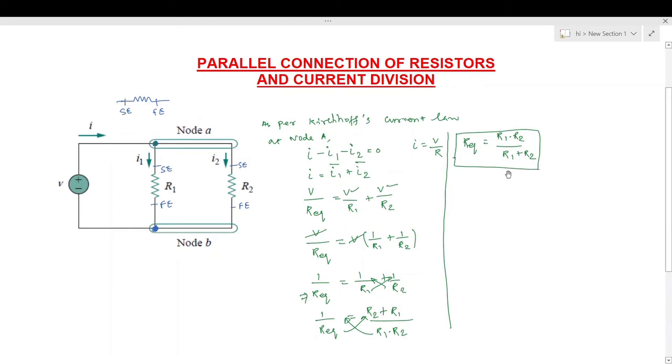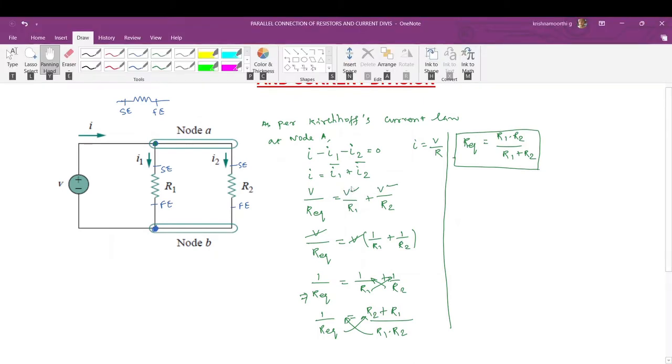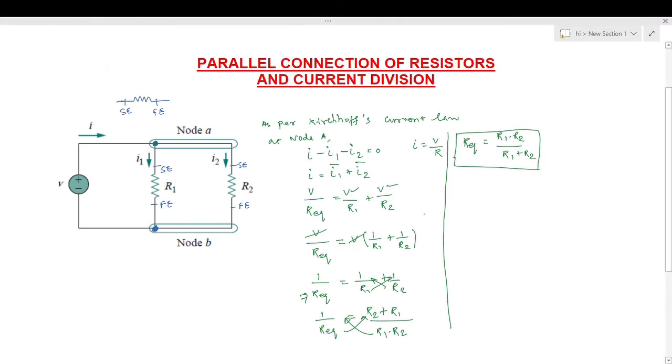Now we need to find out the value of I1 and I2 in terms of supply current and the resistances. For that we will take first I1. I1 is equal to, we know, V by R1. Now we need to apply the V value here, that is the supply voltage value in terms of current and resistance.